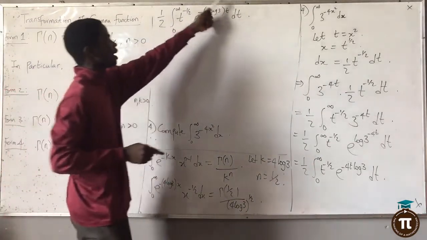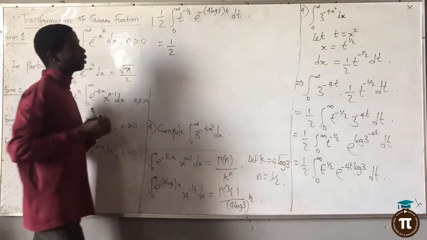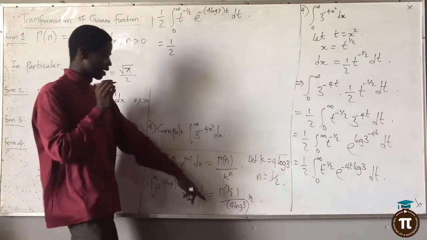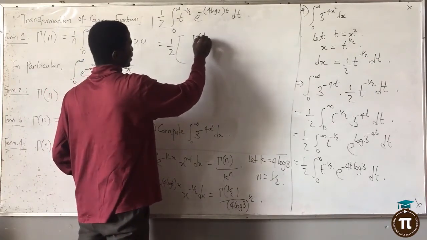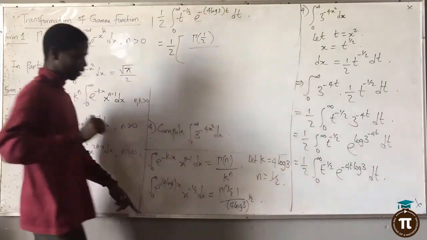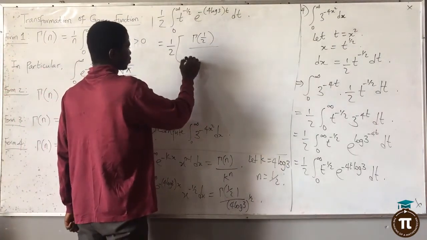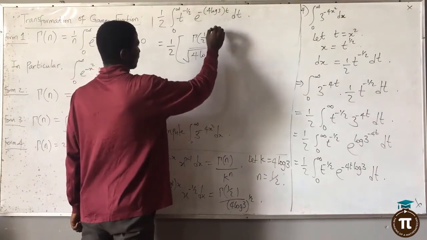All this I have here is equal to 1 over 2, then the answer to this integral is equal to gamma of 1 over 2 all over the square root of 4 log 3.